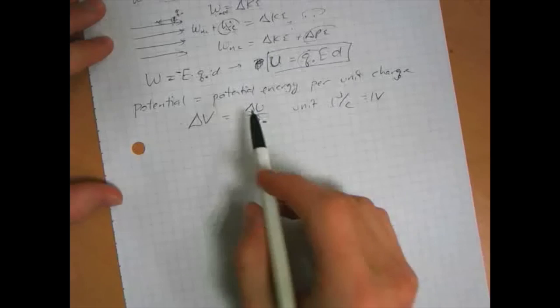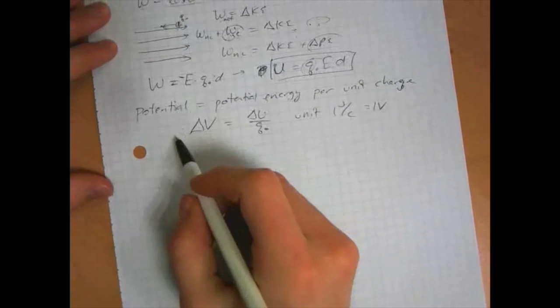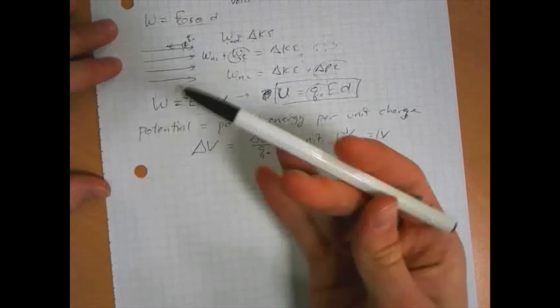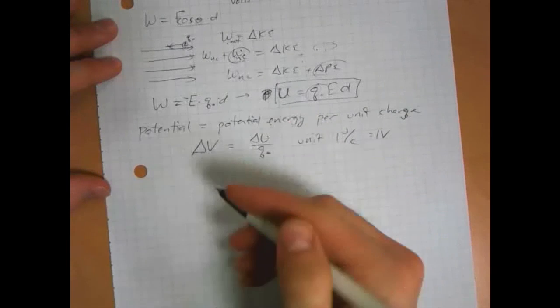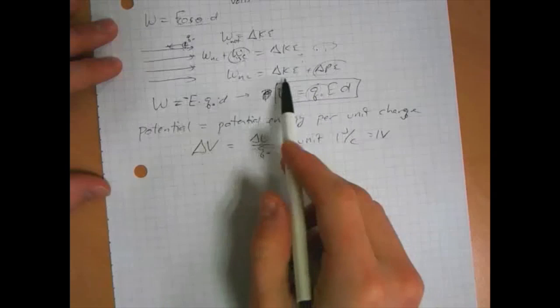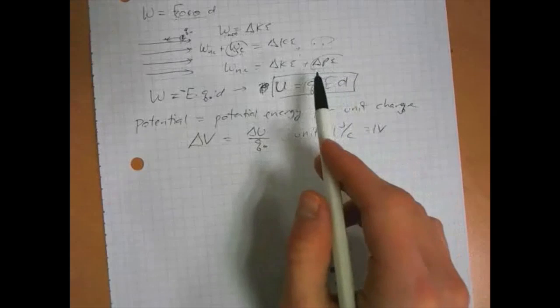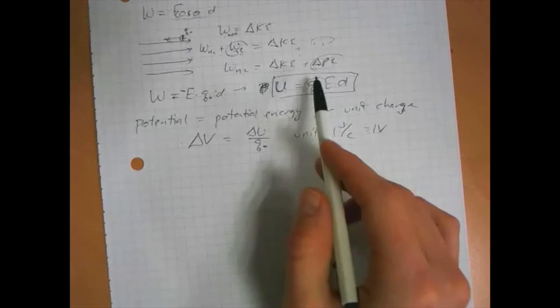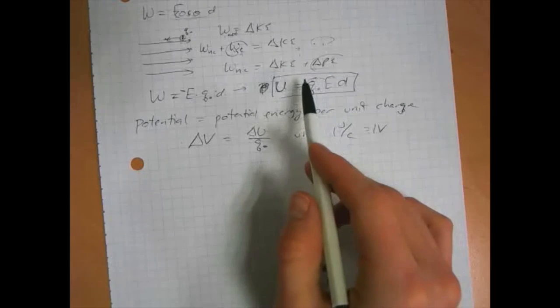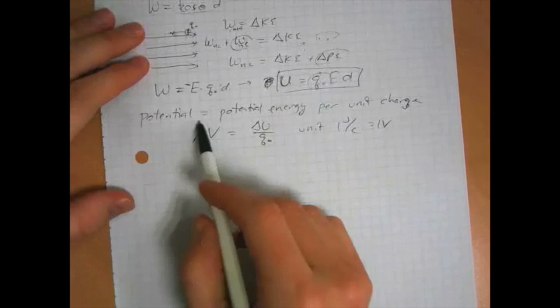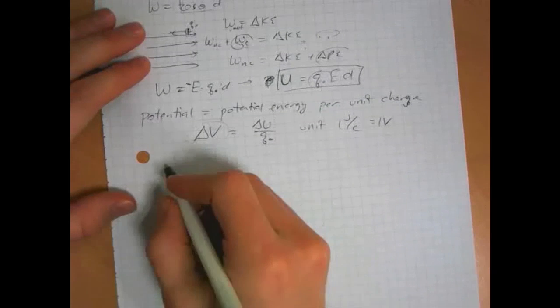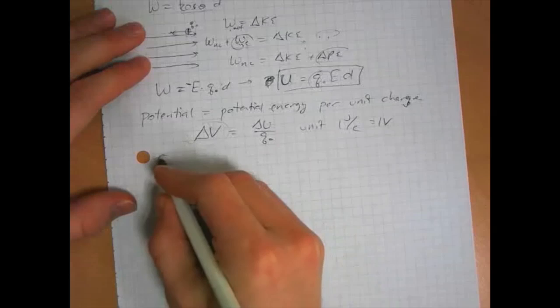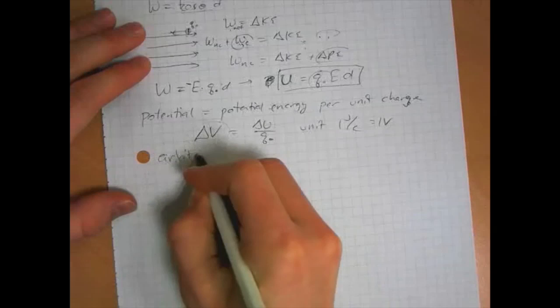Just like with potential energy, for gravitational potential energy, for example, we could set our zero wherever we wanted to, and everything would work out okay. Potential also has an arbitrary zero.